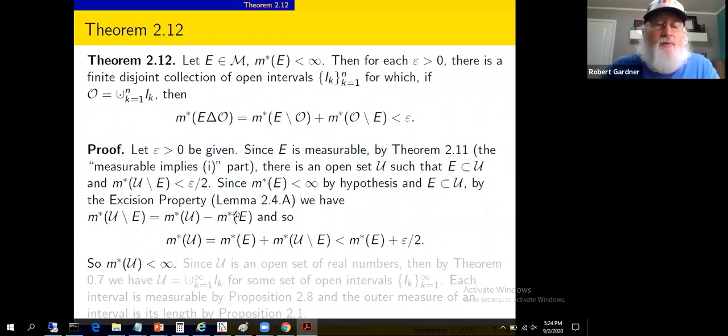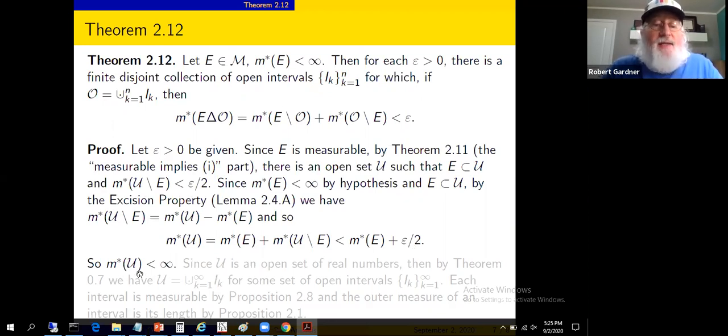Now I can move this to the other side and write this as outer measure of U equals the outer measure of E plus the measure of the difference. We know this to be less than epsilon over 2. That's what the previous theorem gives us. So we've got an outer measure of E plus epsilon over 2 on the right-hand side.